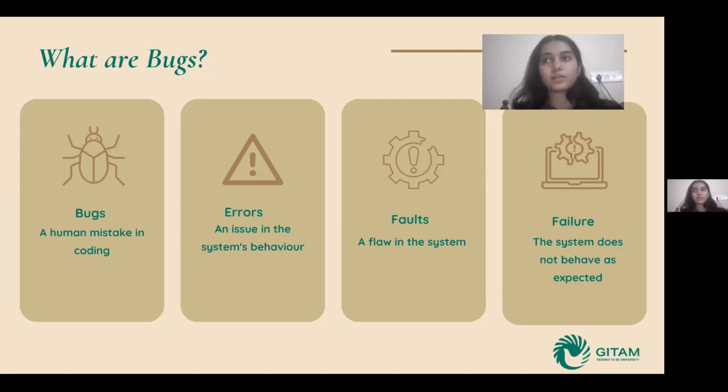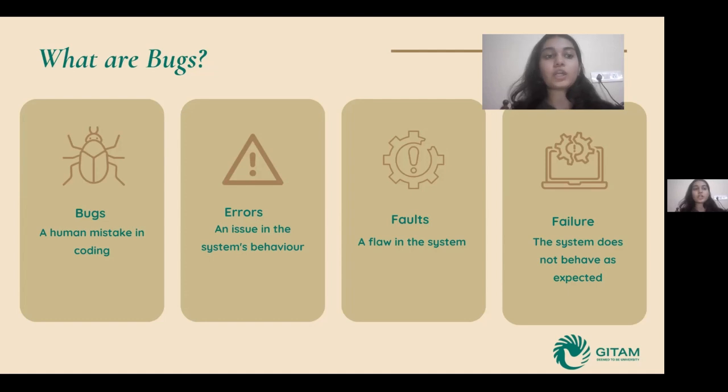This now ends up in something called a fault, where this 2 cup recipe book gets printed and it leads to the system not acting the way it's supposed to. Failure is when the user follows the recipe, makes it, and ends up dissatisfied with the recipe. That's a failure. It's not behaving as it's expected to.